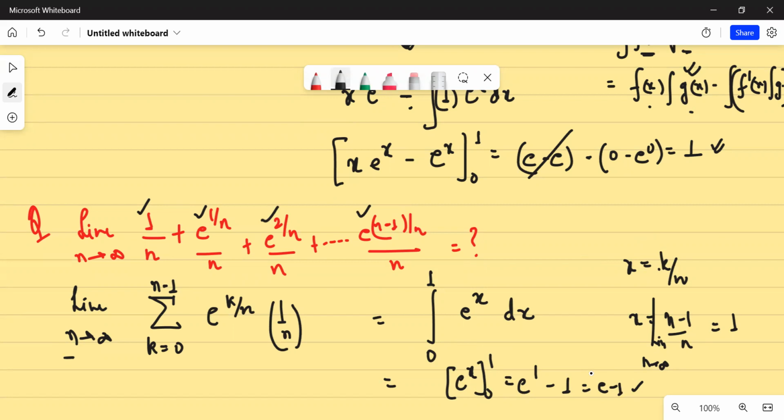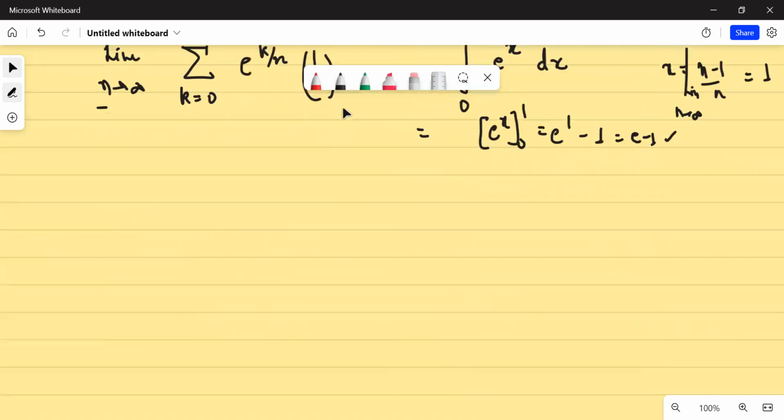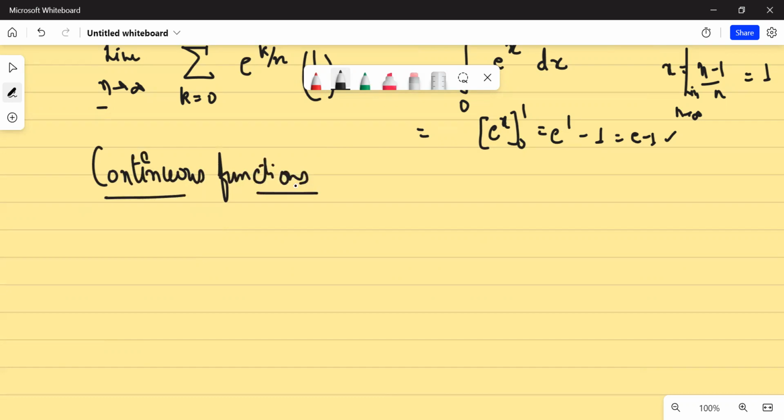Okay. Now let us move to continuous functions. Okay, one thing: continuity is an important property.